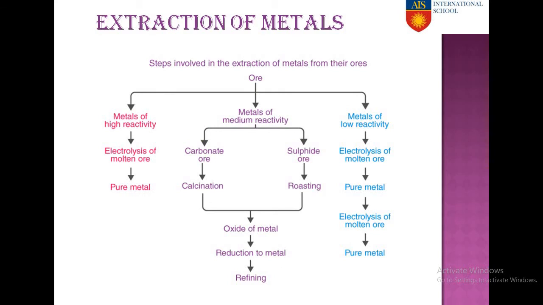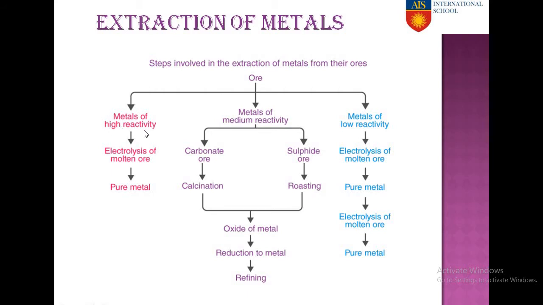Now, what are the steps involved in the extraction of metal from the ore? As we read in the metal reactivity series, there are metals with high reactivity, some with medium reactivity, and some with low reactivity. First, we will learn about metals of high reactivity.